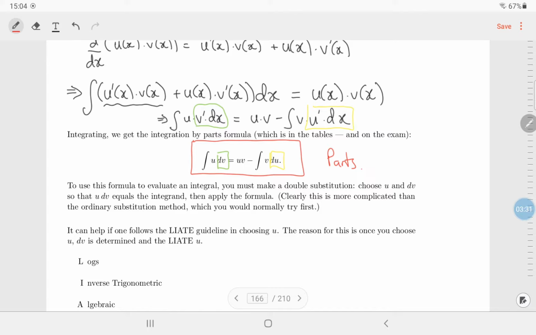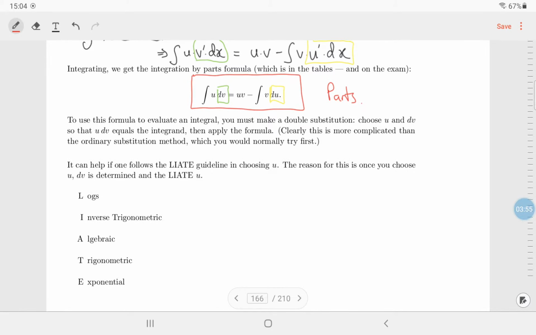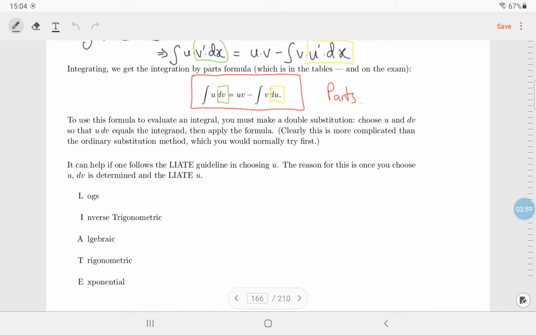So how does it work? Well, you have the thing on the left and you have to make a double substitution. You have to pick a u and then a dv. It's more complicated than the ordinary u substitution method, and usually you would try a u substitution first. Now, the way that you pick the u is you pick it as the first thing on this list.